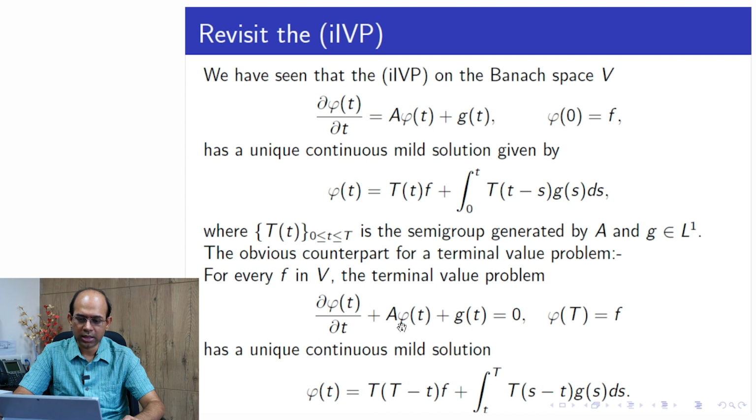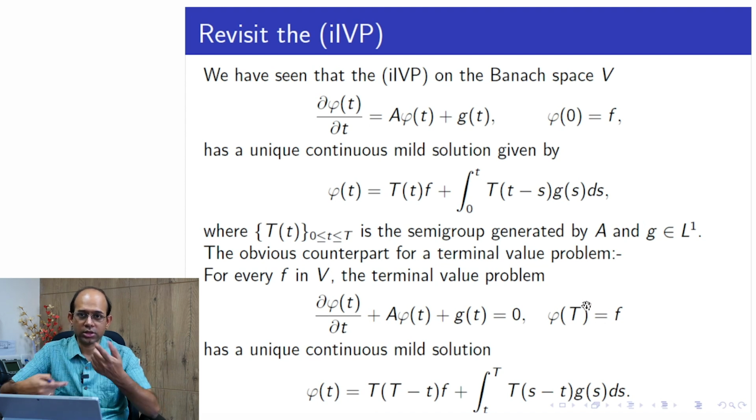dφ/dt + Aφ(t) + g(t) = 0, with φ(T) = small f. If we change the time direction, the negative sign comes here. So dφ/dt + Aφ + g(t) = 0, and then φ(T) is small f.